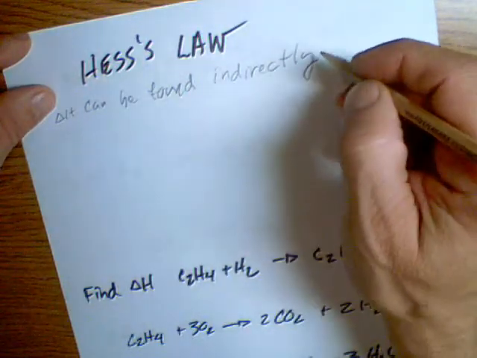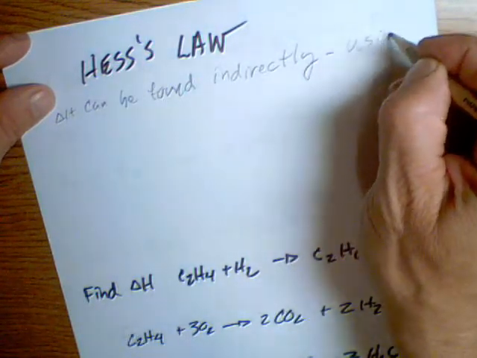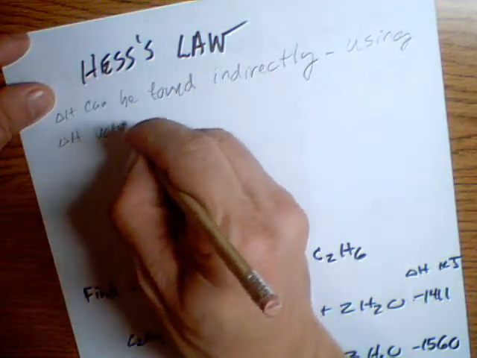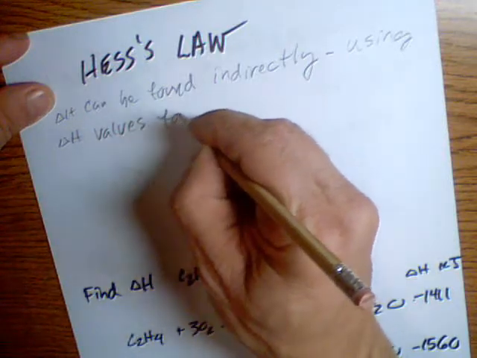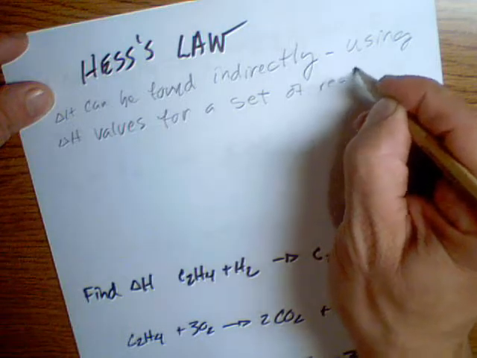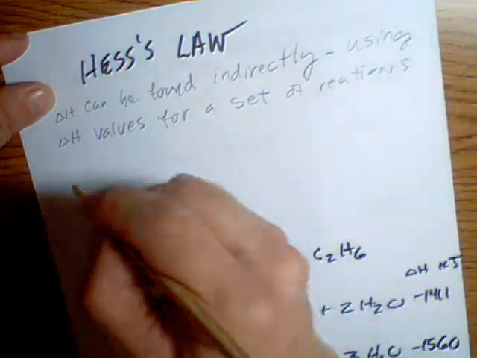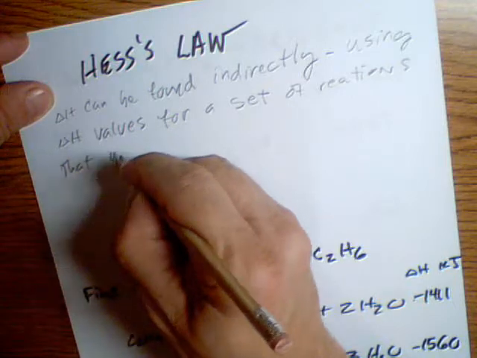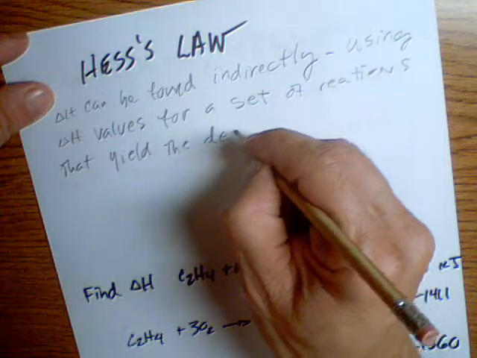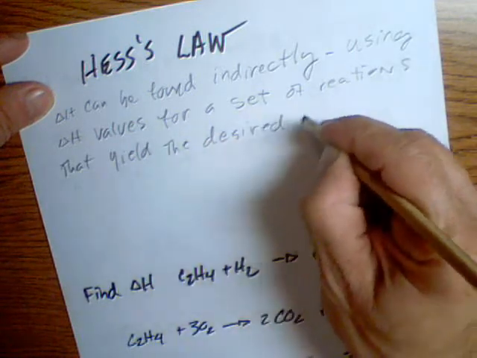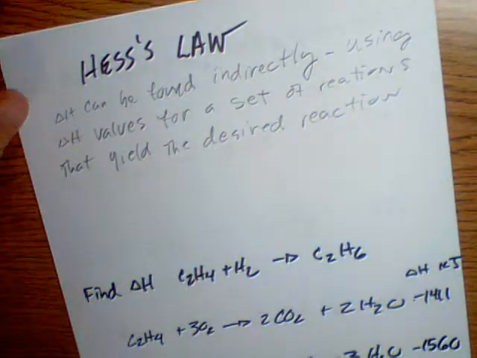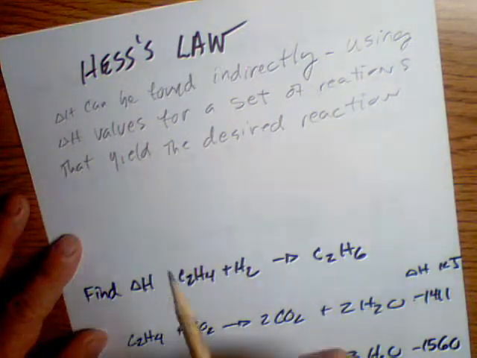So delta H can be found indirectly using the delta H values for a set, more than one, of reactions that yield the desired reaction.